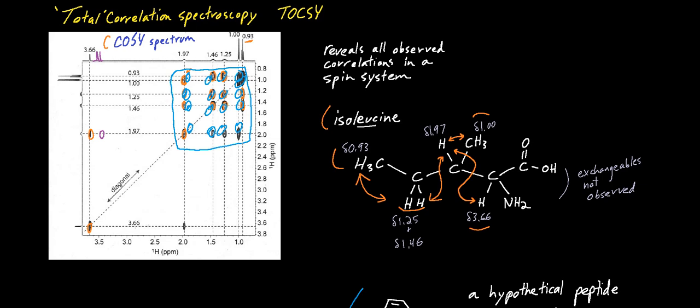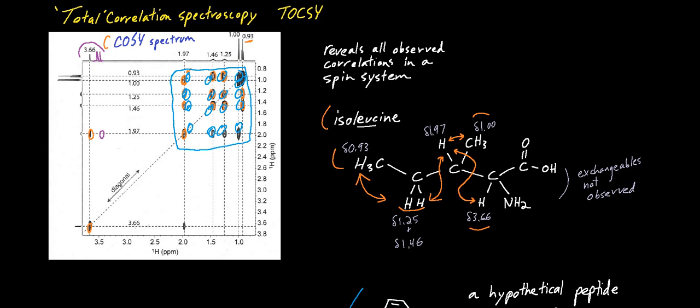And so if we can distinguish all of the blues from the oranges, then we could use this information here on the more de-shielded end to establish two sets of peaks.